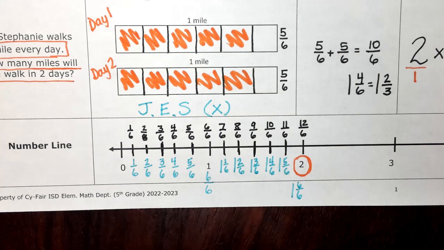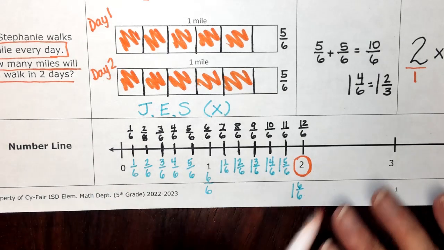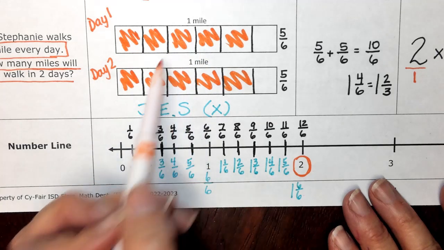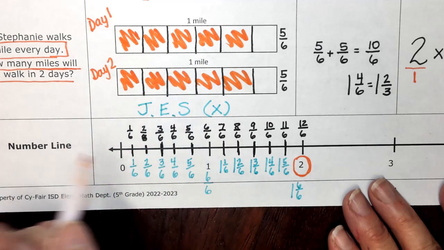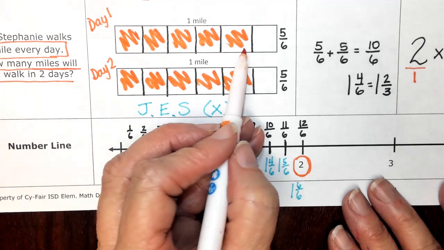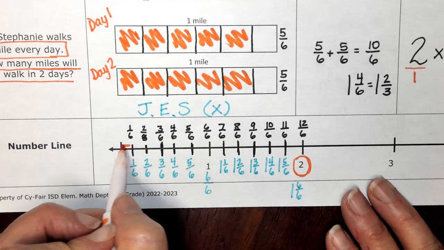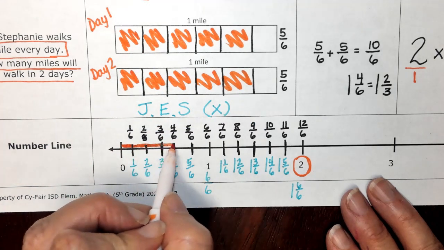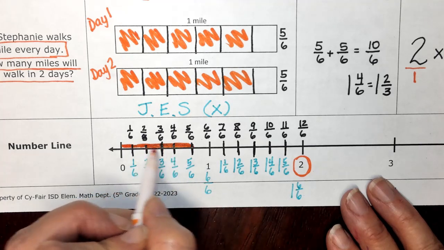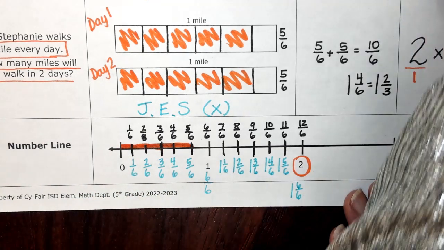So just like we did with our others, we're going to do 2 shadings because we had 2 days, and we're going to make our number line match our picture. So if we start at 0, the first day she walked 5/6 miles. So I'm going to go ahead and shade all the way to 5/6 very lightly. There's day 1.